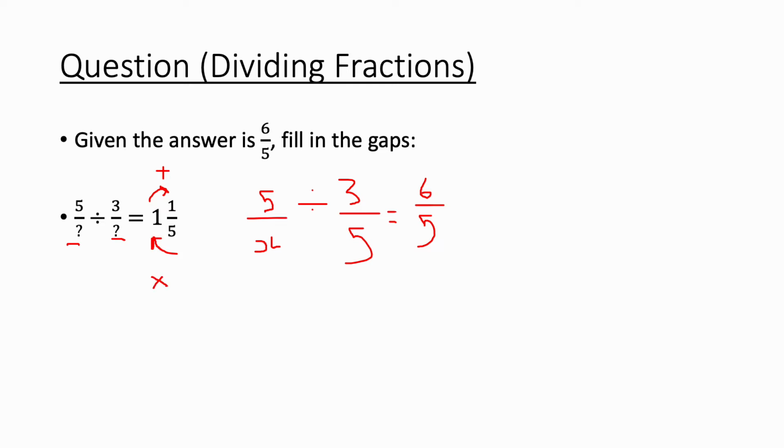Okay, so the rules of fractions state I keep the first fraction, I flip the second, and then I change it to a multiplication. So it should be a y there, not a 5. So y over 3 is equal to 6/5.